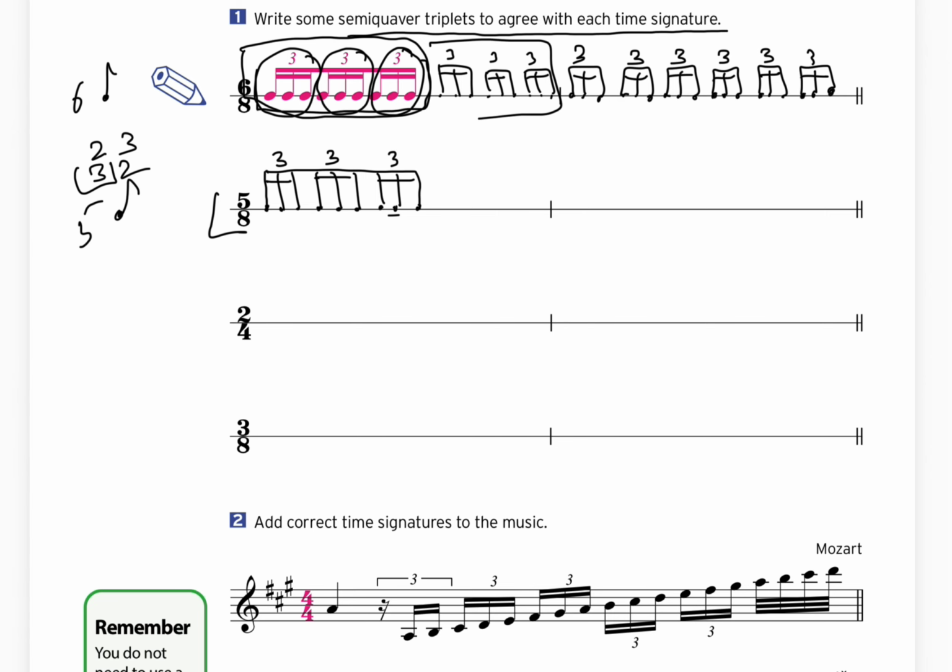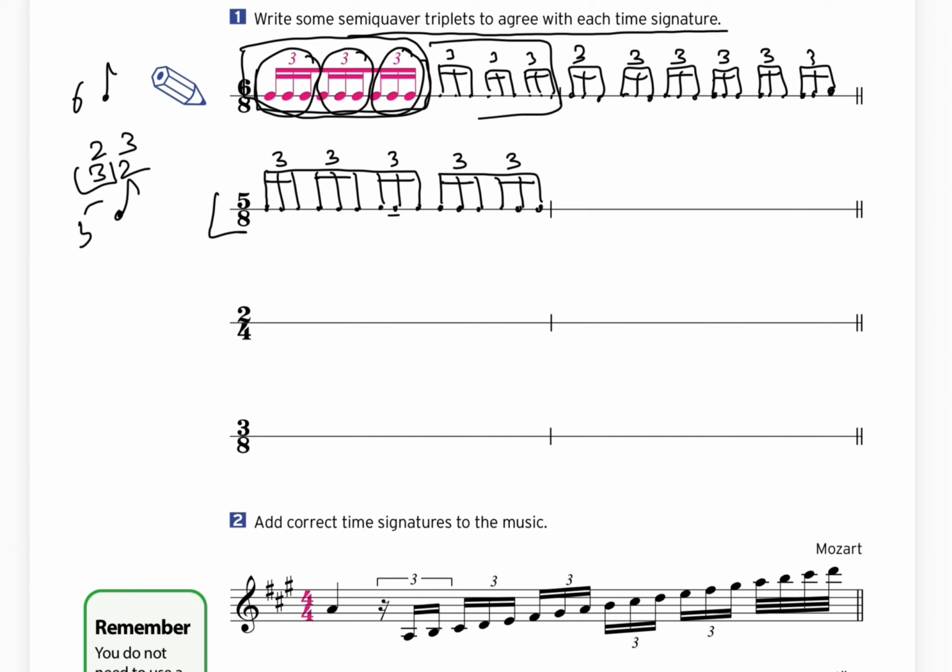Now we're going to cover 2 quavers. Okay, which again can be written as equal to your crotchet beat, and we put it here.